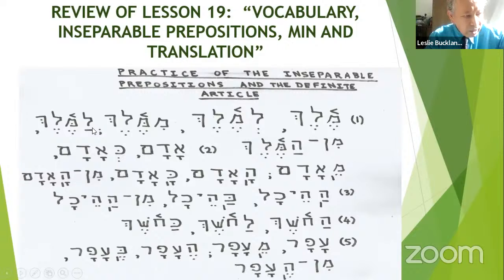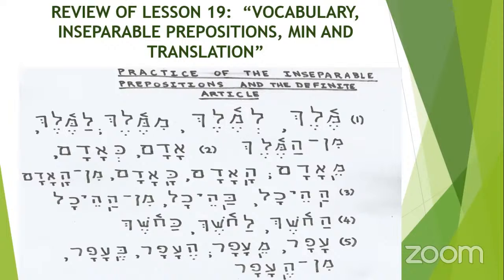Now translate that for us. As a king. No. Repeat that for me. I didn't hear so well. Is it as a, no, not as a king? Okay.